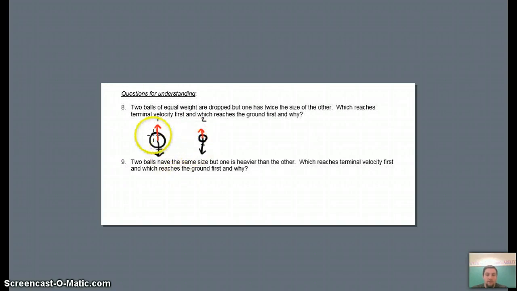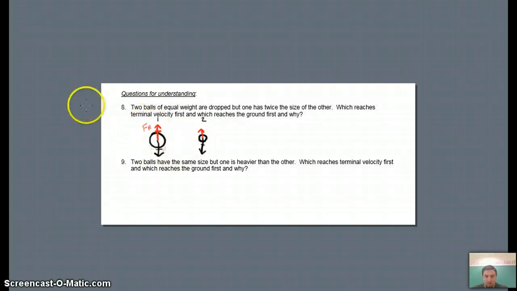And they'll get to a point at some point in time where the resistance force here will be equal and opposite to the weight. And at that point, this force will be smaller than the weight. So ball 1 will reach terminal velocity first.